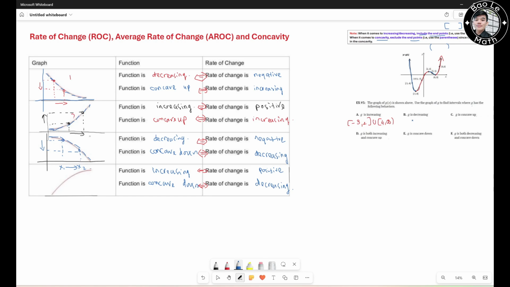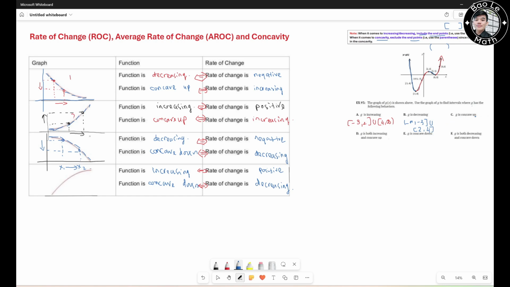Alright, so it's going to be negative infinity, 2, the brackets right here. Union 2, comma 3. Bracket. 4. Bracket.